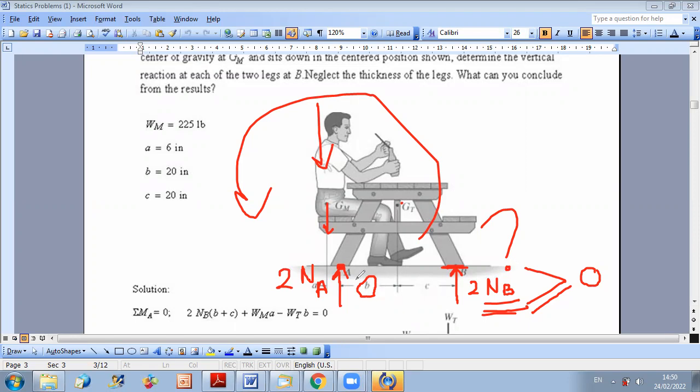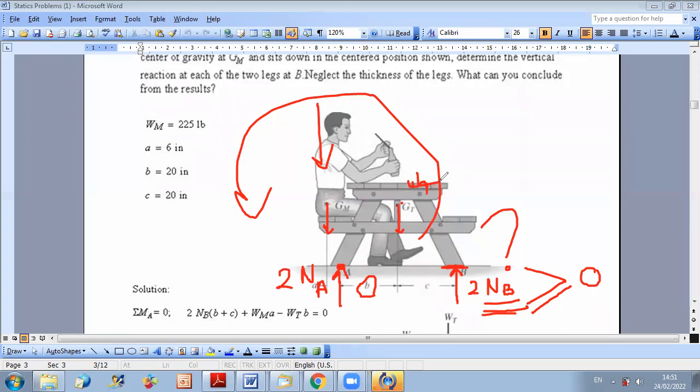If you look at your figure, what are the unknowns? We have NA, we have NB, and we want to find one of these reactions. We want to find NB, so that we can design the weight of the table, finding a condition for the weight of the table to be on the safe side.